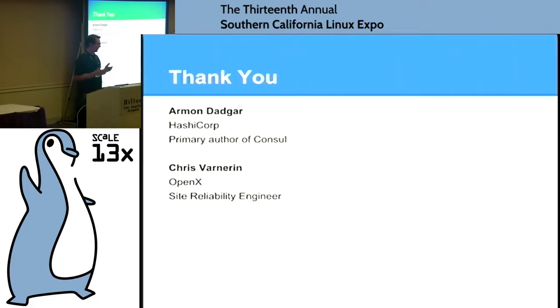Whereas I've kind of been the idea man, he's really investigated a lot of the details and nooks and crannies of Consul and is deploying it in production in 2015. So I have a lot to thank him for in regards to some real world details of Consul.